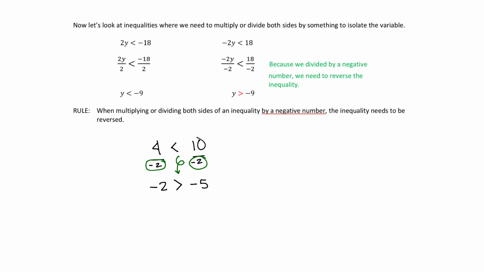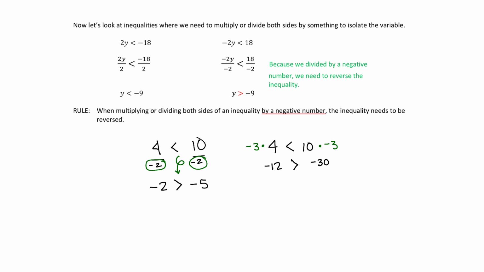Okay, I'm going to go back to the same problem. And this time we're going to times it on both sides by a negative 3 instead of a positive 3 that we did the first time. So on the left we get negative 12, and on the right we get negative 30. Negative 12 is bigger than negative 30.